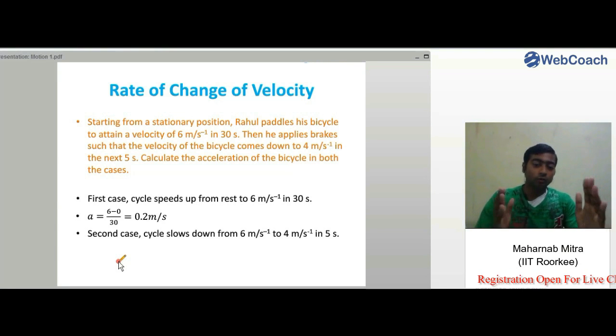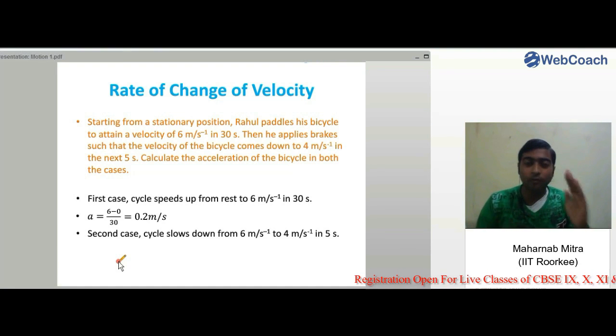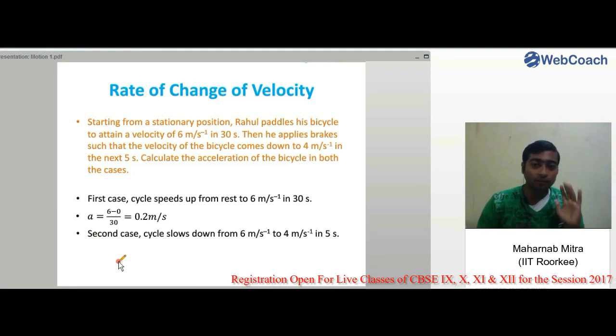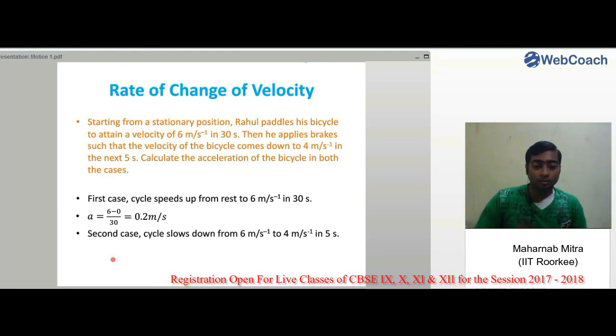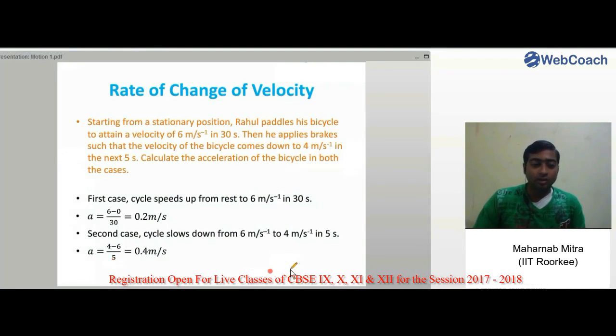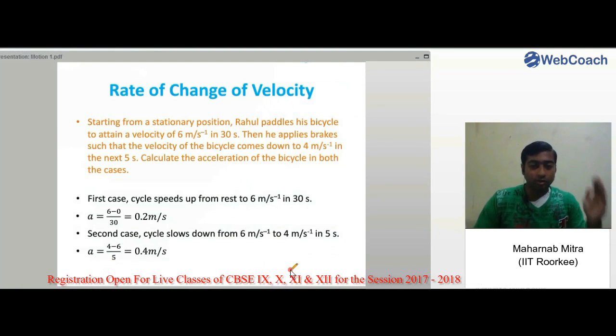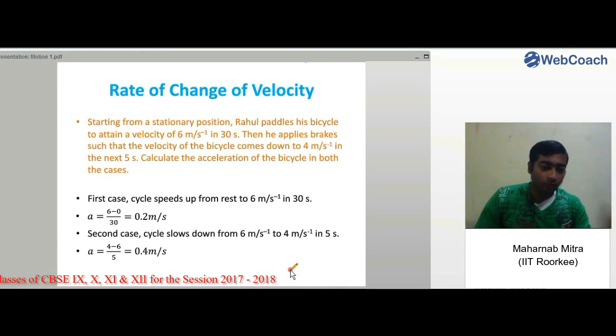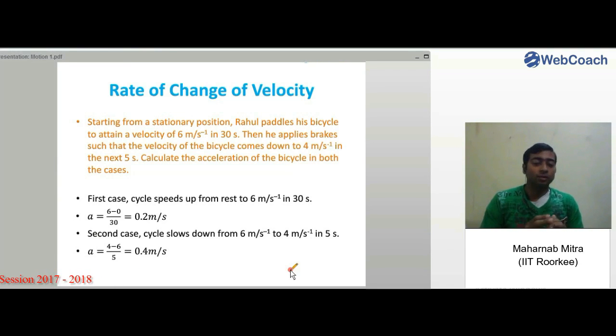So for slowing down, initial speed is 6 meters per second, but final speed is 4 meters per second, and this has occurred in 5 seconds. Let's check the acceleration. Final speed minus initial speed, which is 4 minus 6 divided by 5, comes out to be 0.4 meters per second square.